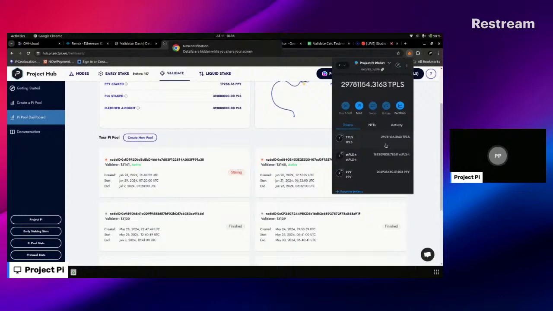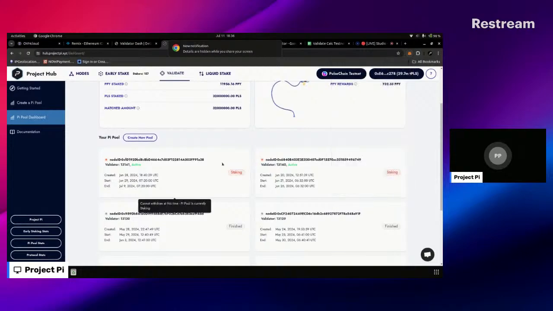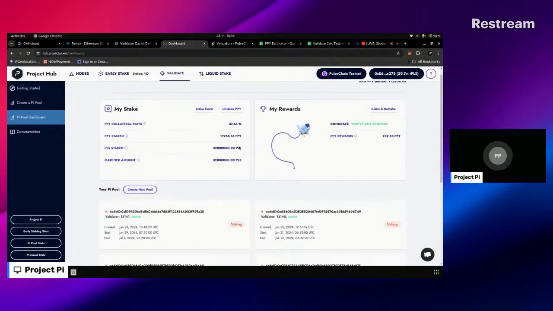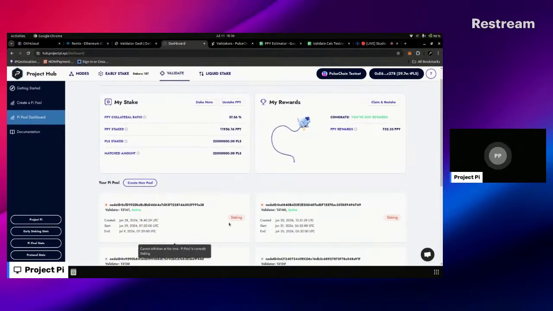All right. You saw it? Yep. So it did what it needed to do. I also implemented in the code that the withdraw partial rewards button only pops up when there are partial rewards. After that, it's gone, as you can tell.